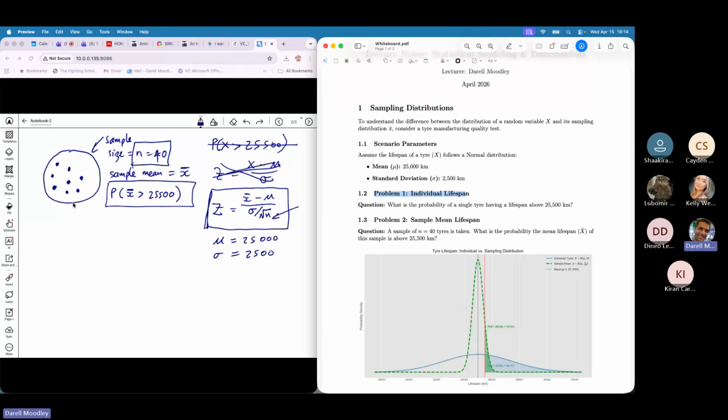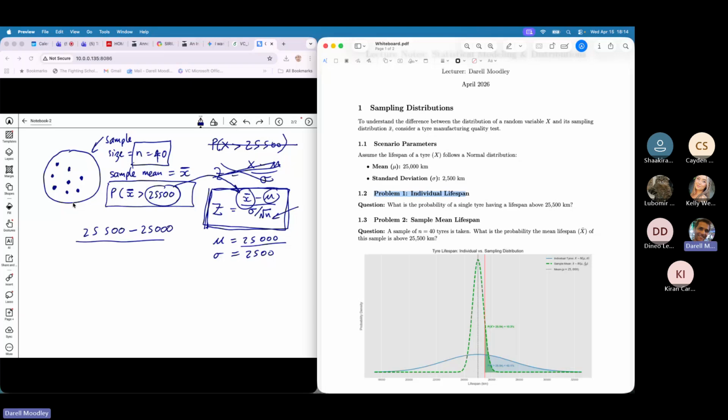So if we're going to convert this to a Z, it's going to be 25,500. Remember, we're using this formula now. So for your X bar, you are using this value. So it's going to be 25,500 minus your mu, which is this. And the denominator is different.